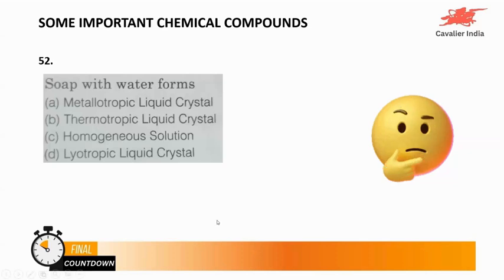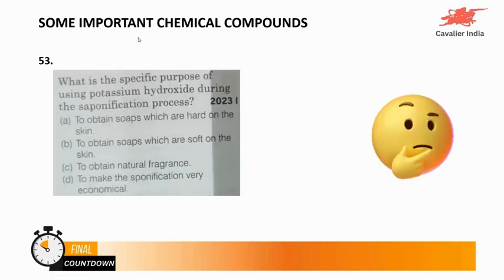Next question. What is the specific purpose of using potassium hydroxide during the saponification process? We use either sodium hydroxide or potassium hydroxide. So what is the purpose of taking potassium hydroxide? Options are: A, to obtain soap which is hard on the skin; B, to obtain soap which is soft on the skin; C, to obtain natural fragrance; and D, to make the saponification very economical. Which option is the right one?